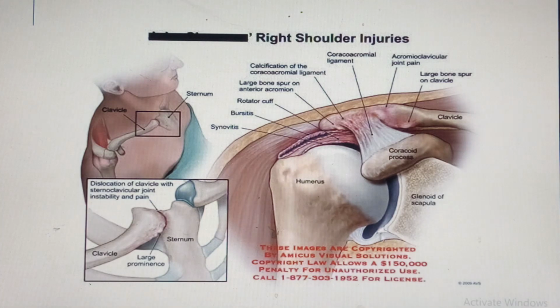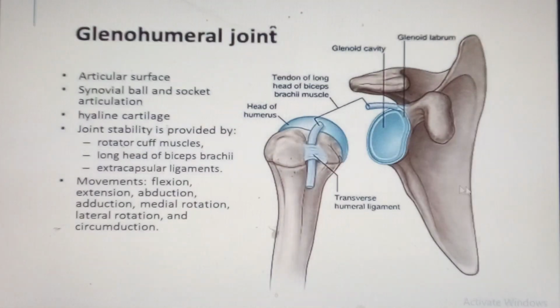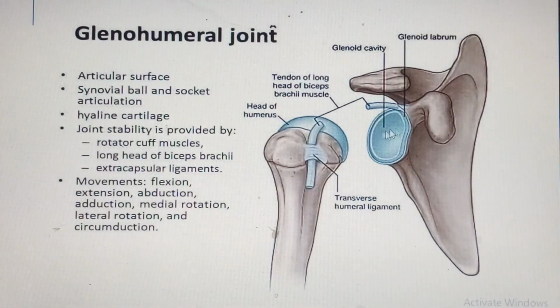So God, in his own wisdom, put something in here, and that is what we call the glenoid labrum. The glenoid labrum is a fibrocartilaginous rim to deepen this articular facet. So it tells us that the glenoid labrum will be one of the stabilizing factors.